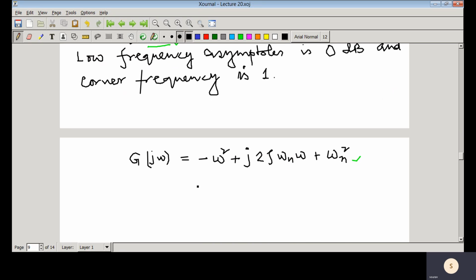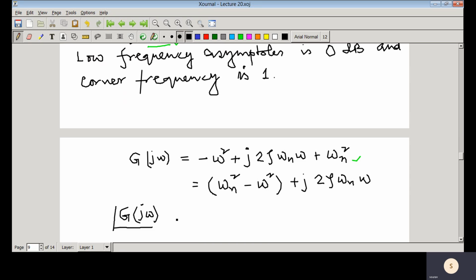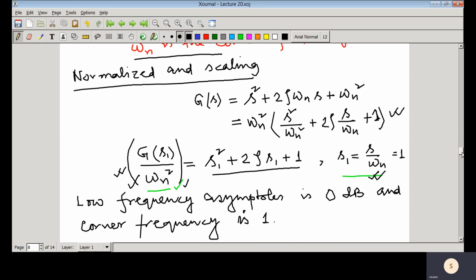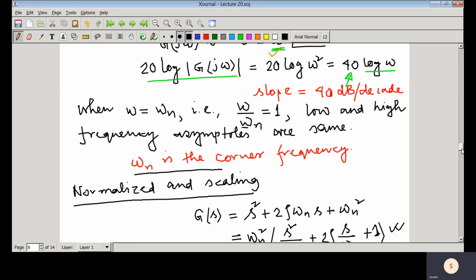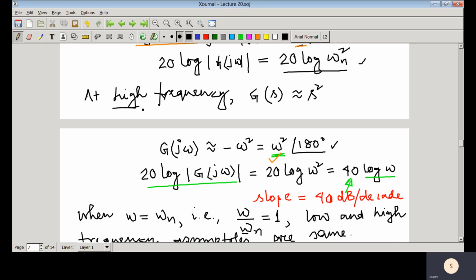Now if we rearrange this one, we have omega n square minus omega square plus j twice zeta omega n omega. For the angle, in the case of second order systems we have already seen that the angle goes to 180 degrees at high frequency.